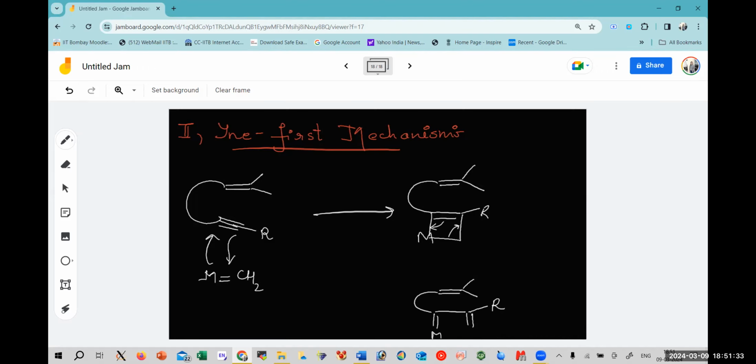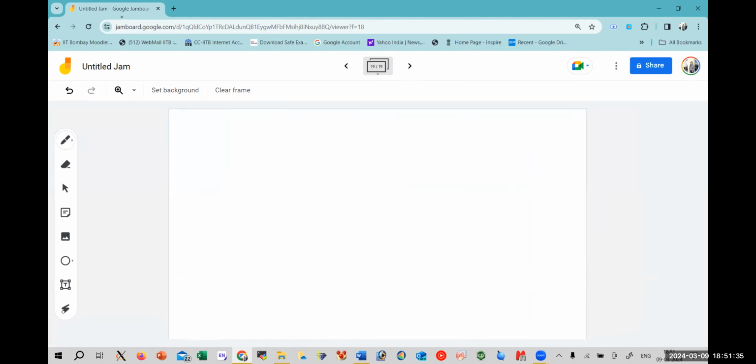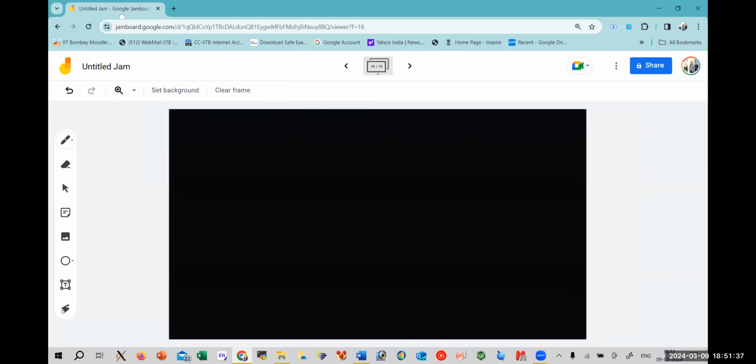So we can also write this particular thing in this form, where the metal is in close proximity with our system.